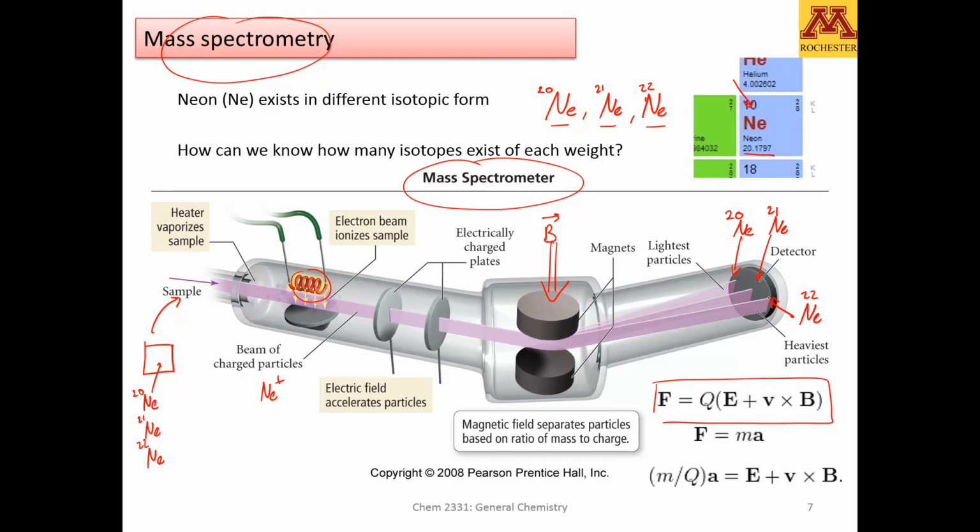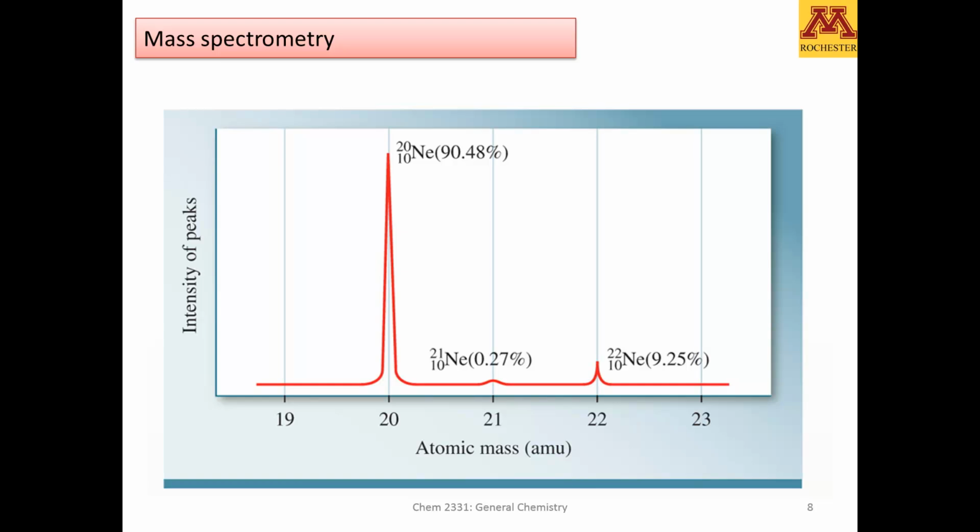Now the detector just needs to count how much of each hits the specific place, so one can count the relative abundance of isotopes. What one ends up seeing is what's called a mass spectrum.